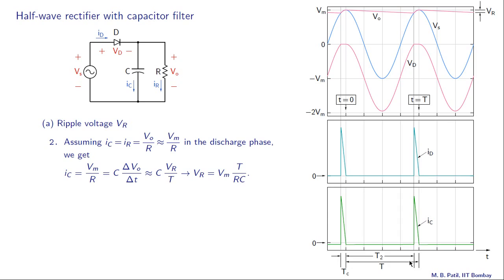Once again we make the approximation that T2 is nearly equal to T, and therefore we get IC equal to Vm by R equal to C VR by T, and that gives us a value for VR. So VR is Vm T by RC.